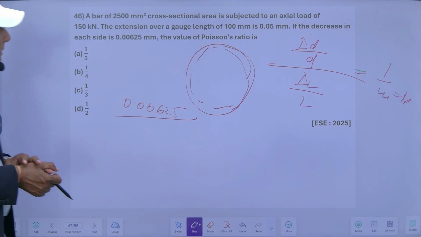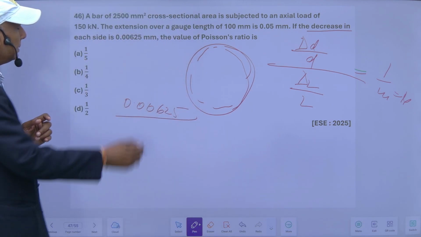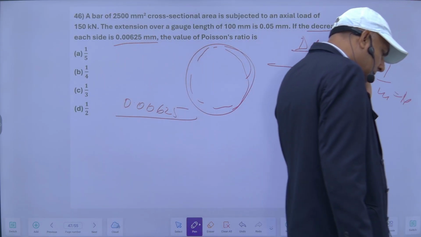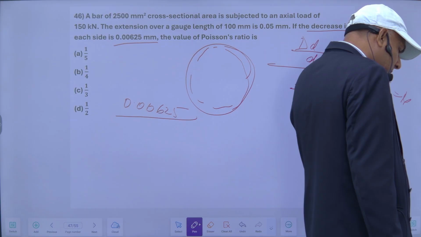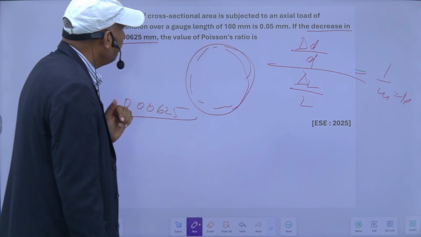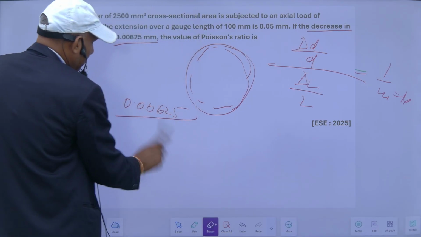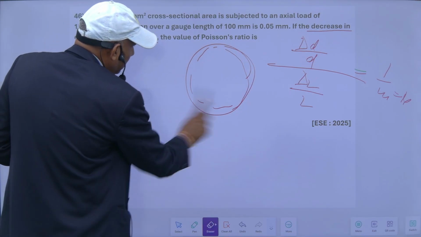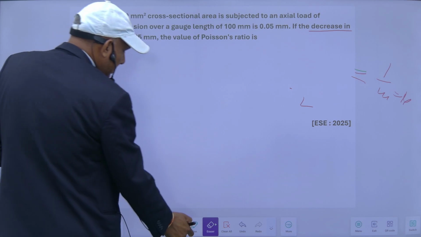The decrease in each side is this much. Here it's not circular, it's talking about the side, which means it is a square.